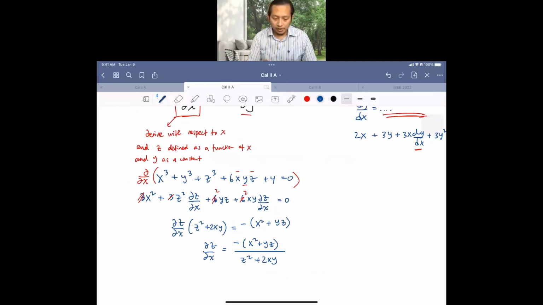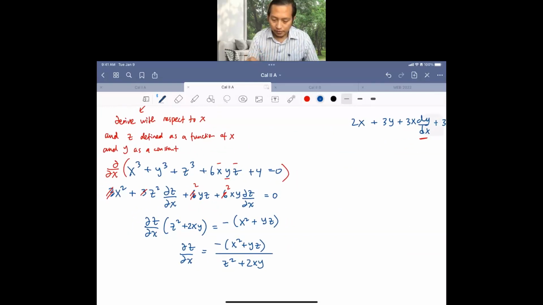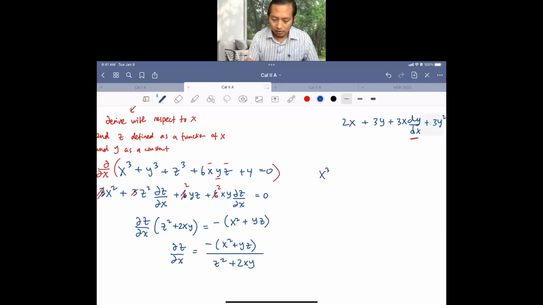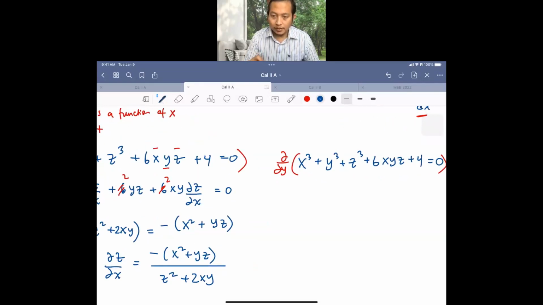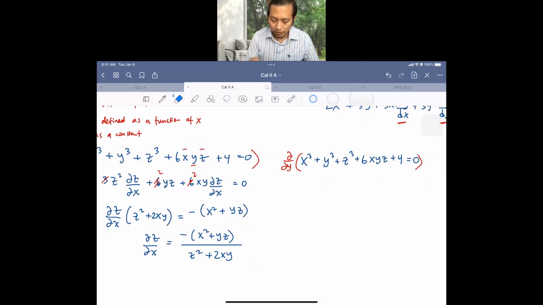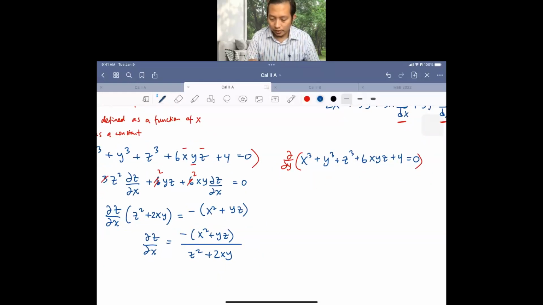Now similarly, we are going to have the same approach when we are dealing with y. So we treat x as a constant, and we treat y as the variable.